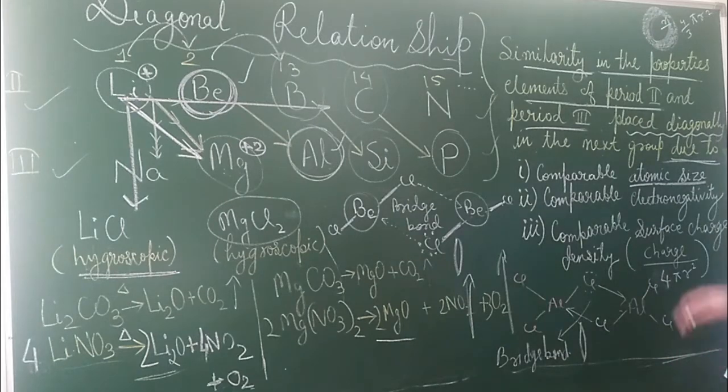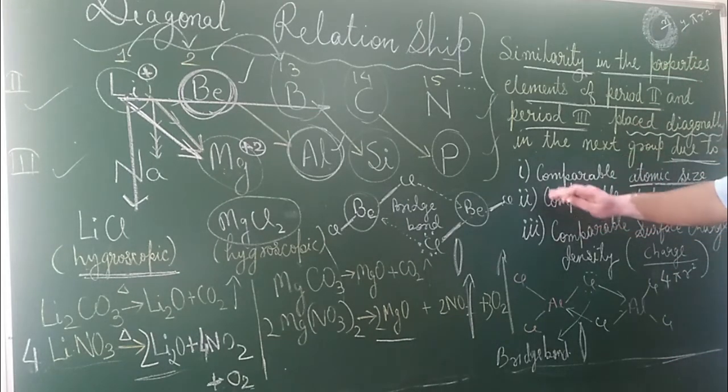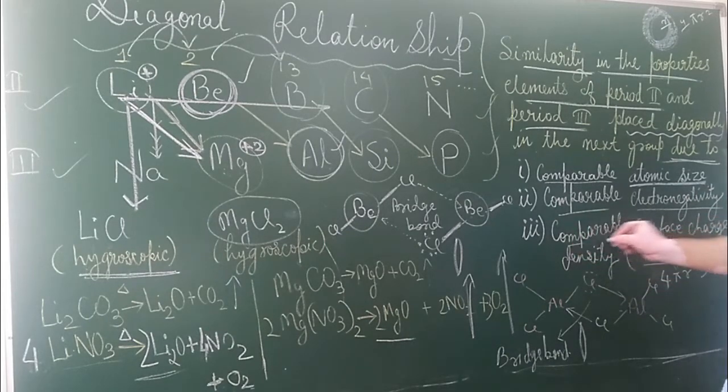One is comparable atomic size, then comparable electronegativity, and comparable surface charge density. How do we find out surface charge density?